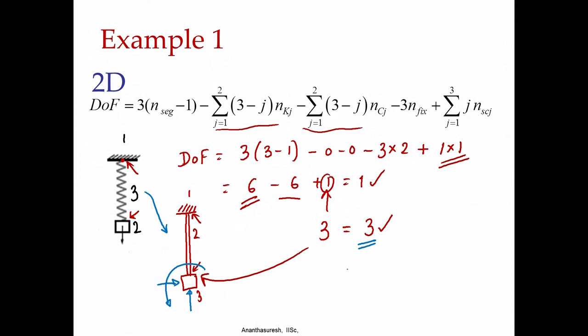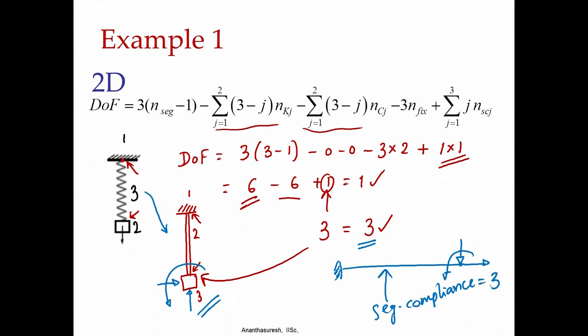Instead, if I have a cantilever beam like this, we tend to say that a cantilever beam will have infinite degrees of freedom. That is not true. If the force is being applied only at the free tip, the force can be that way, this way or that way, and that is basically what we have just discussed. So, a cantilever beam has a segment compliance of 3.